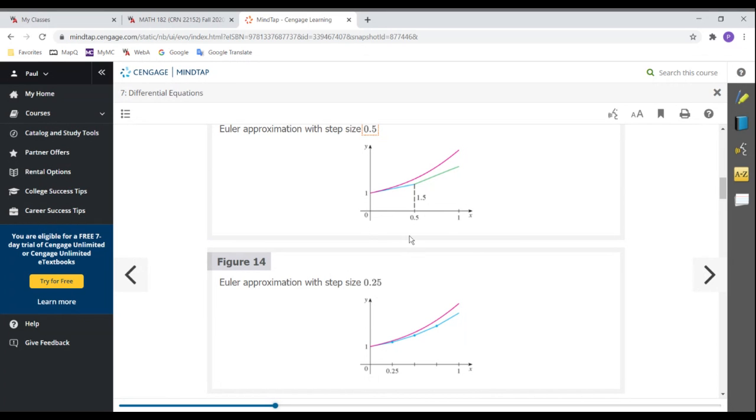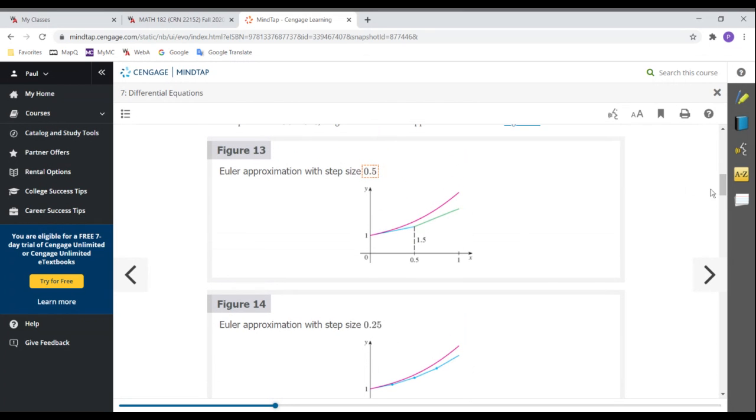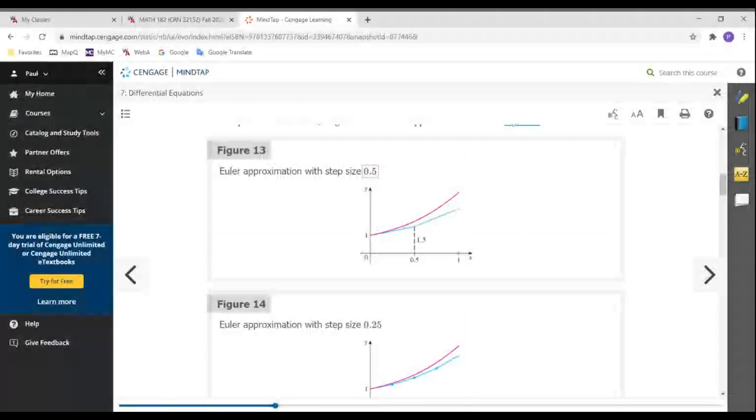You're using the line segments to approximate the solution curve. In figure 13, with a step size of a half, how many line segments does that give us? That's right, Kahindi, that gives us 2 line segments.